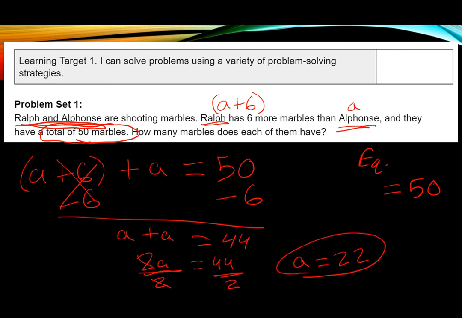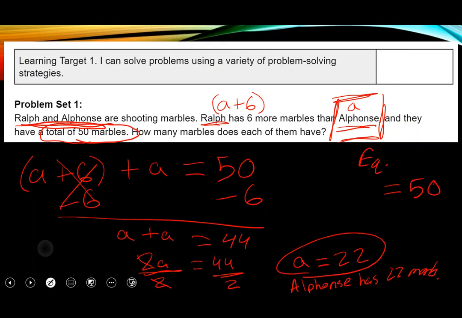Well, now let's think about what that a is telling us. We said earlier that a is representing the number of marbles that Alphonse has, and so Alphonse has 22 marbles. And then if we take a look at what his friend has, Ralph, we could use an R for Ralph.